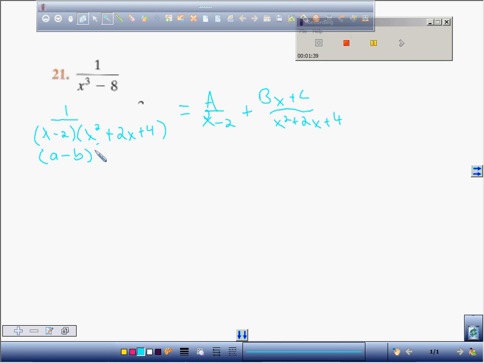You could write it as a minus b times a squared plus ab, which is x times 2, which gives you 2x, and plus b squared, and that's the formula for factoring something like that. Or you can use synthetic division, and then you have to go through the process and figure out what a, b, and c are. Can you do that?